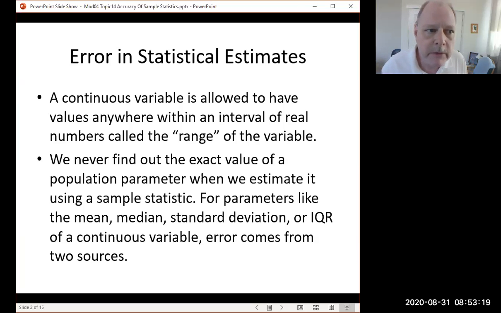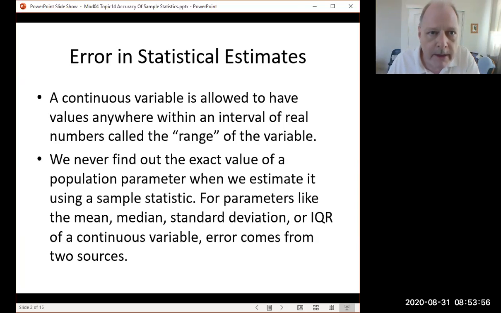The error comes from two sources, but the basic idea is when you measure a continuous variable, first of all, you cannot measure it perfectly because a continuous variable might have many, many digits of accuracy after the decimal point. And so your device will be just limited in how closely you can measure the variable.